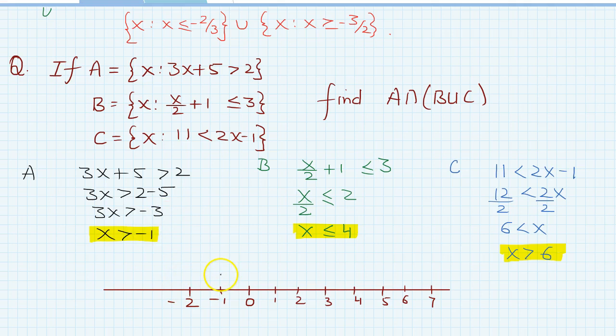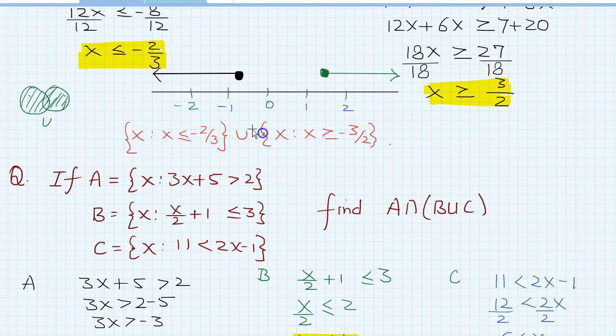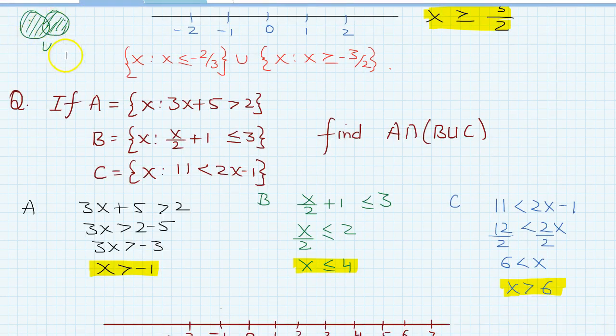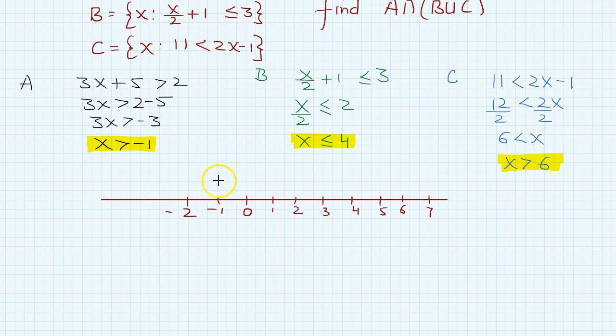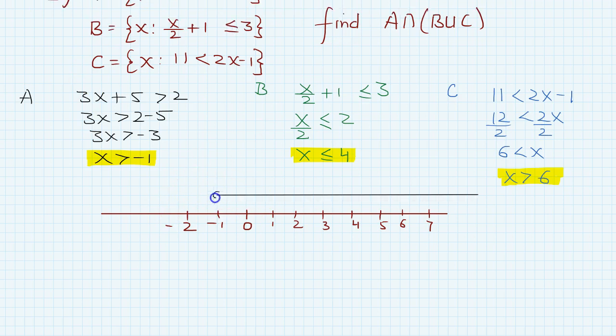So this is -1. So this is the inequality A, that is x is greater than -1.